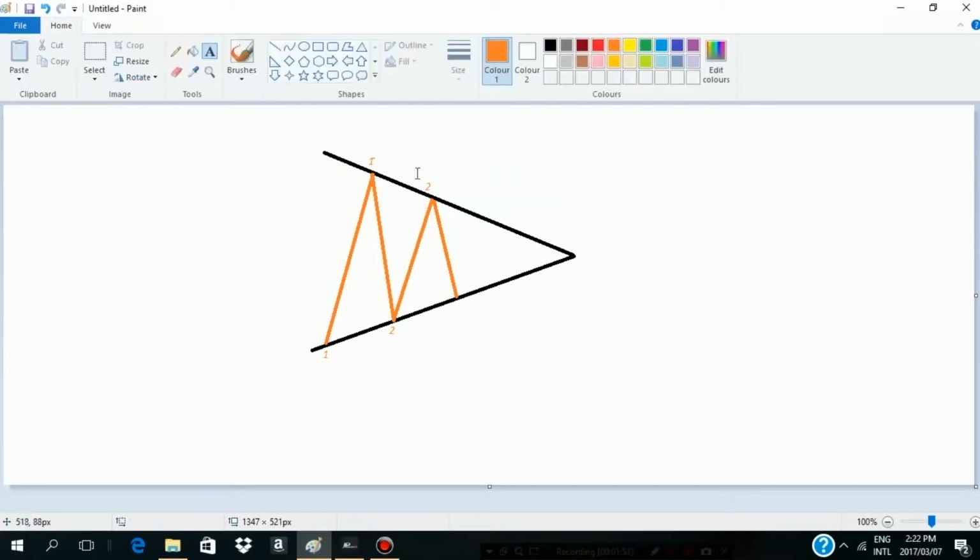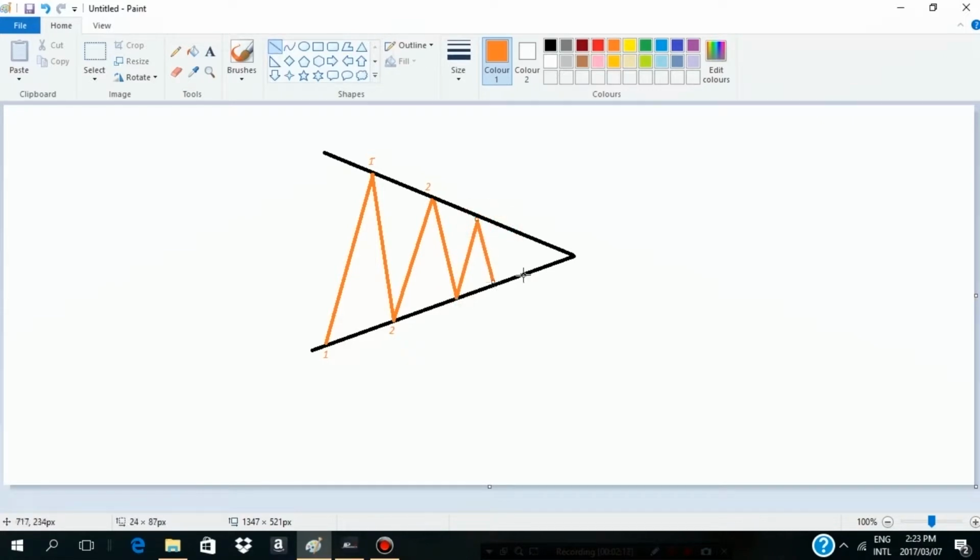So you've got 2 points for resistance and 2 points for support. Once you have your 2 points, you officially have a triangle. Whatever happens after that is all just price moving.